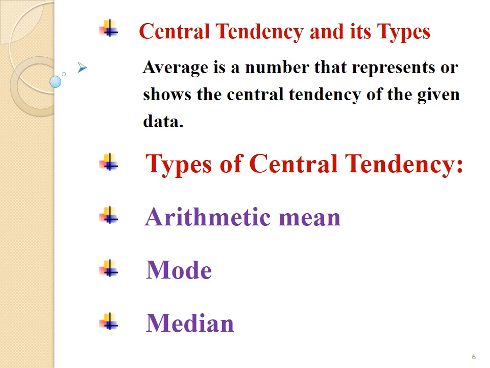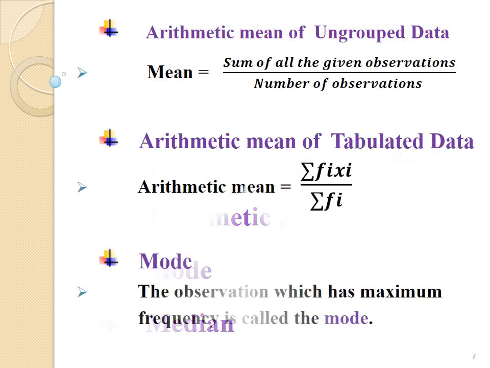Types of central tendency. There are three types of central tendency. They are arithmetic mean, mode, and median. Arithmetic mean can be categorized into two categories. First, arithmetic mean of ungrouped data.